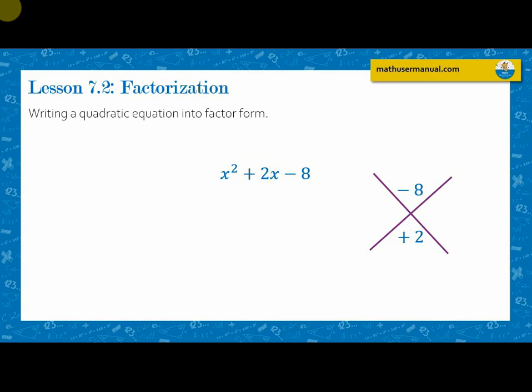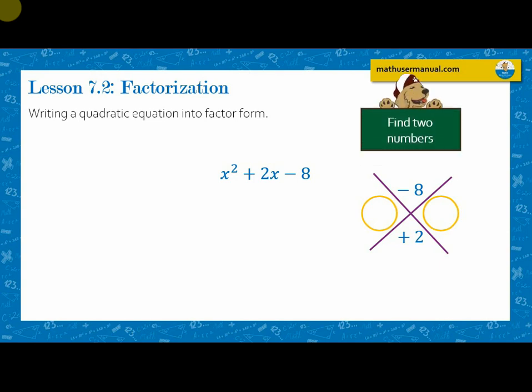Now that we have the top and bottom of the diamond, we need to look for the left and right numbers in the diamond. Remember, when we multiply those two numbers, they need to equal the top of the diamond, in this case, -8.